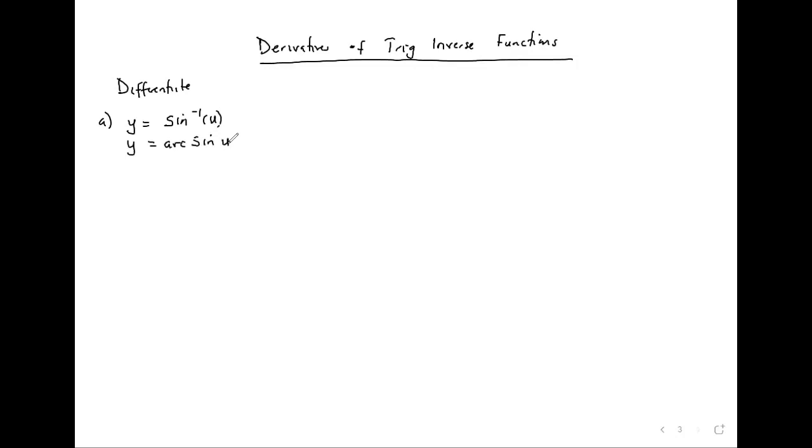Okay, so solution. If I have y is equal to sine inverse of u, where u is a function of x, the first thing you do when you have a sine inverse, you take the other side as sine. So sine y is equal to u.